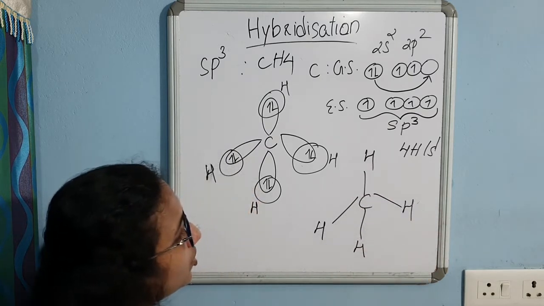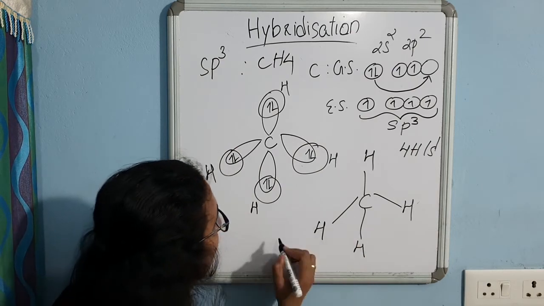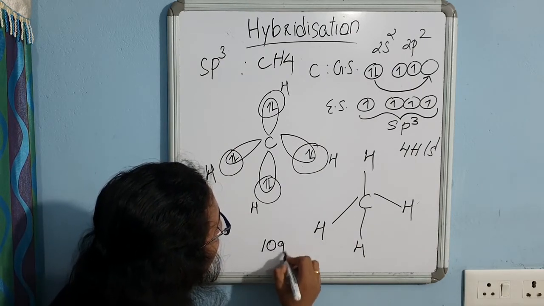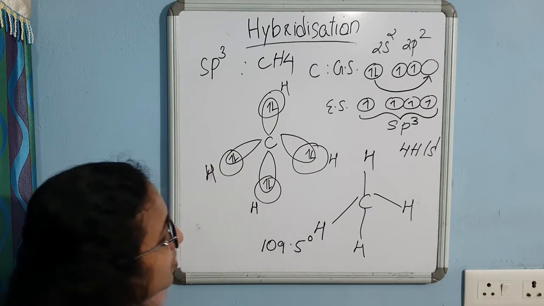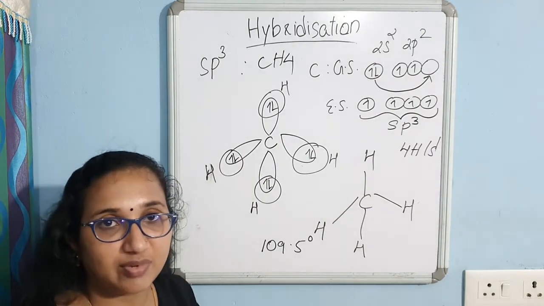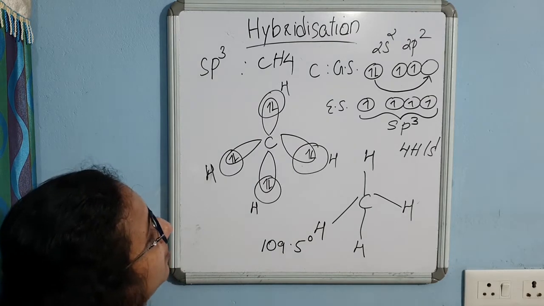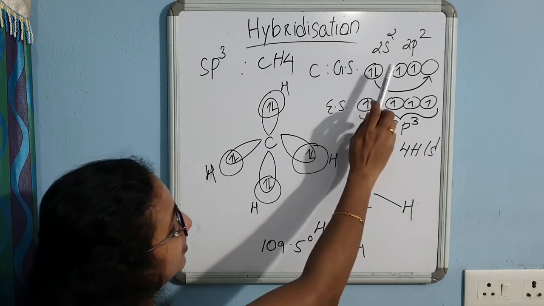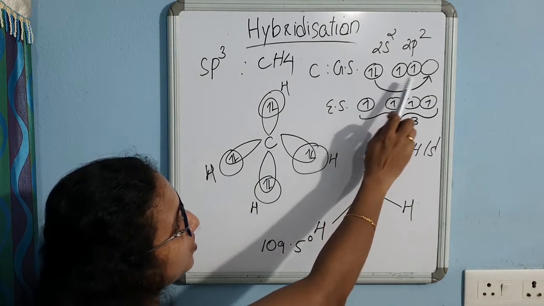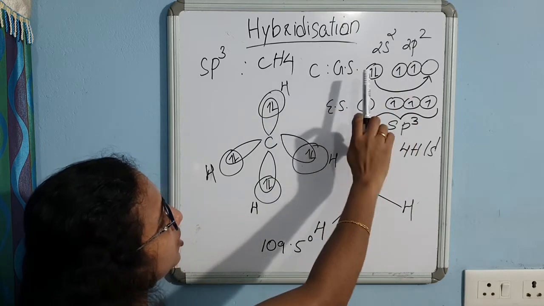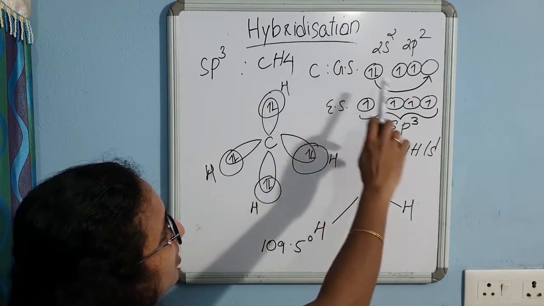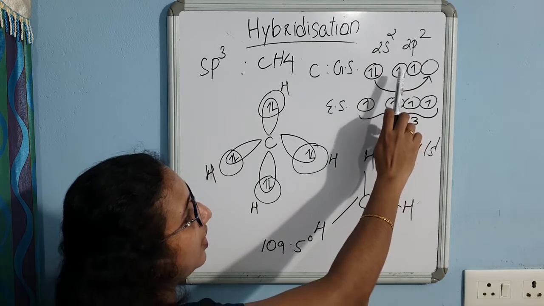Tetrahedral methane molecule with bond angle 109.5 degree. So this is the sp3 hybridization. We have taken methane as the example, and for carbon the valence configuration is 2s2 2p2. In order to combine with 4 hydrogen atoms, it should make available 4 half-filled orbitals.